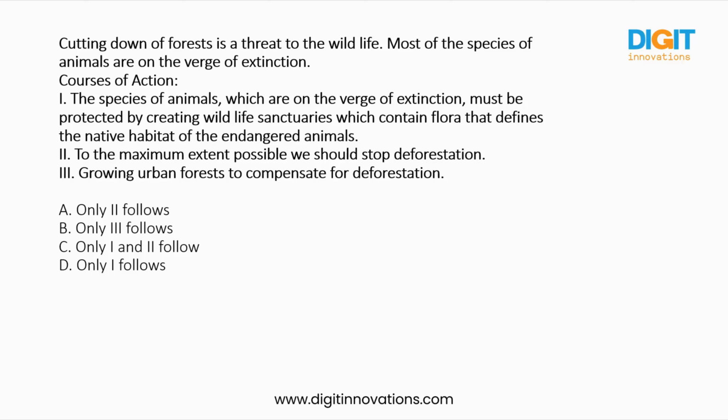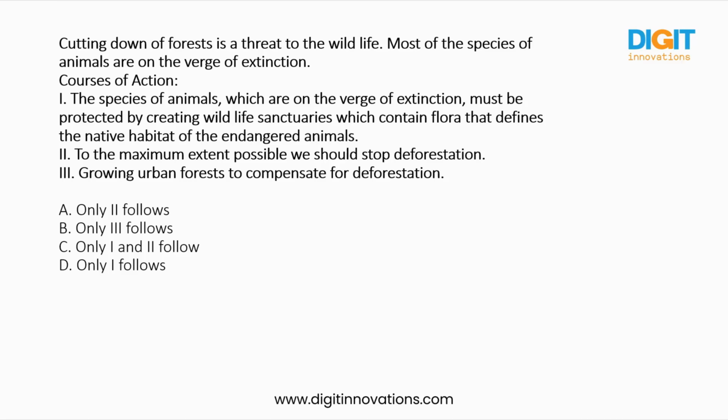Okay, the next one: to the maximum extent possible, we should stop deforestation. If we don't do deforestation, they will live their life, we will live our life, right? So there won't be any extinction here. If we don't do any deforestation, there won't be any extinction of the animals, right?